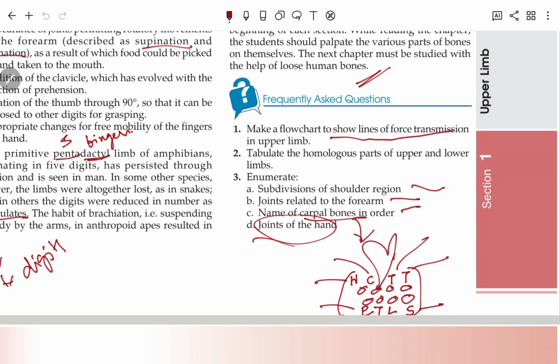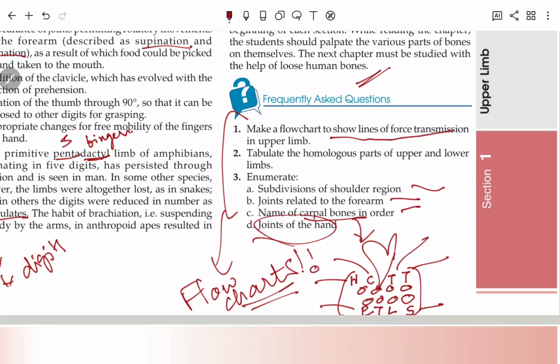So it should be presentable and the answer should be checked in just one view. So yeah, that's how you should be learning. And each and every question here is asked from flow charts, which you need to note.